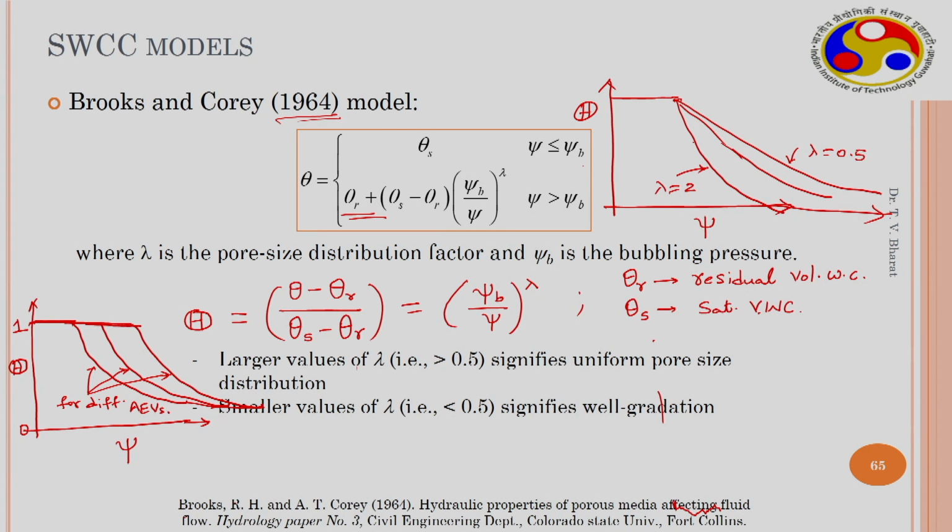When you have uniform pore size distribution, you have a steep soil water characteristic curve, and the residual water content is achieved at a very small value of suction, because all the pores are uniform. So water retention is not that significant because it immediately loses its water as the suction increases.